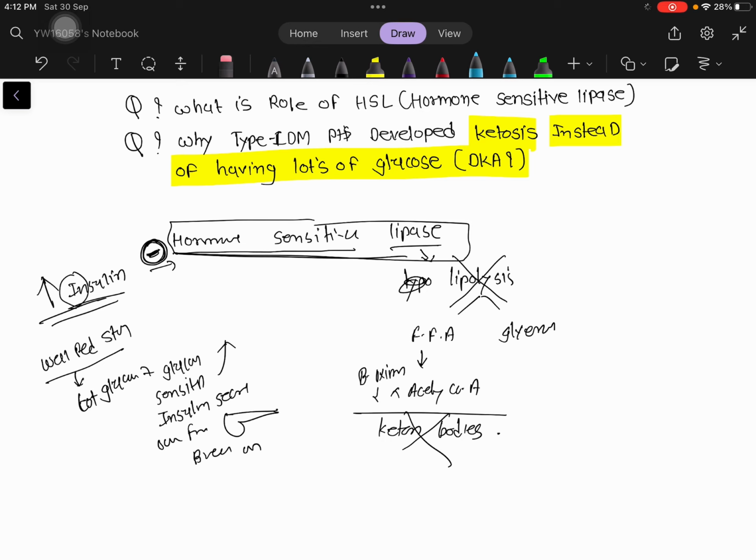The name insulin itself suggests, I inhibit the hormone sensitive lipase. So first we clarified the role of the hormone sensitive lipase.